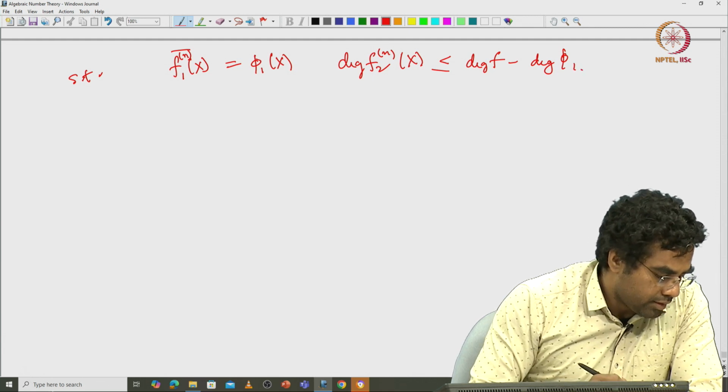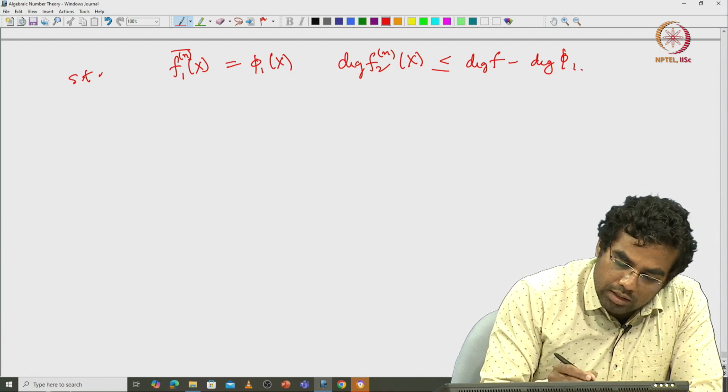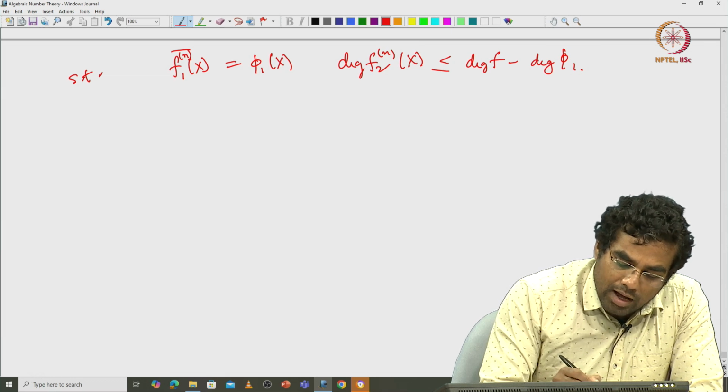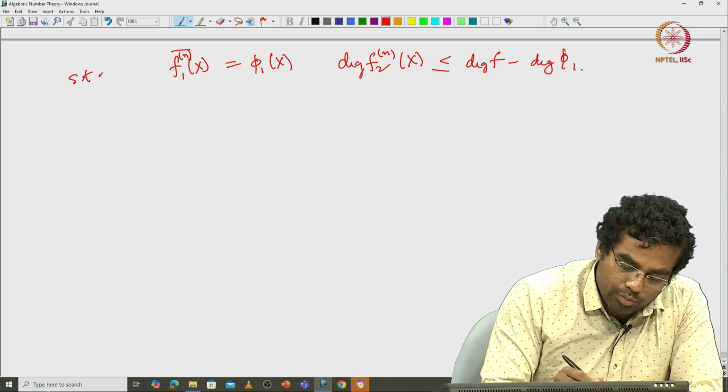Furthermore, f_i n gives me a factorization modulo p to the n.